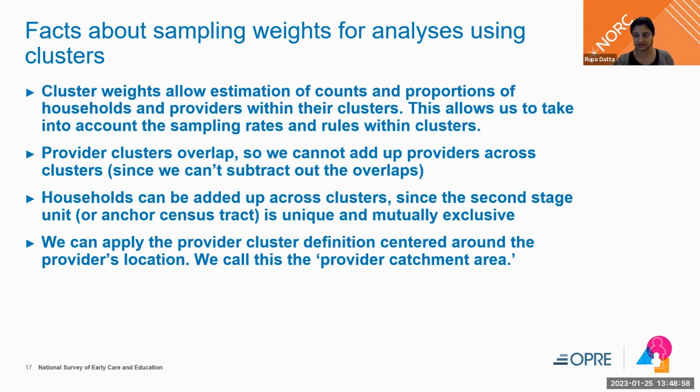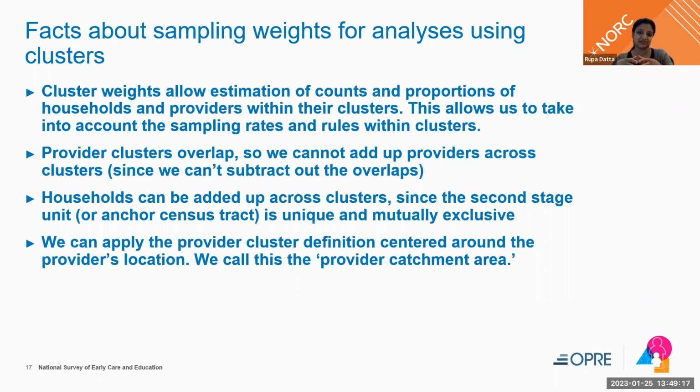So we've talked a little bit about households and how we can use the household weight. For providers, what we have done is we've created something called the provider catchment area, which is basically applying that same definition.